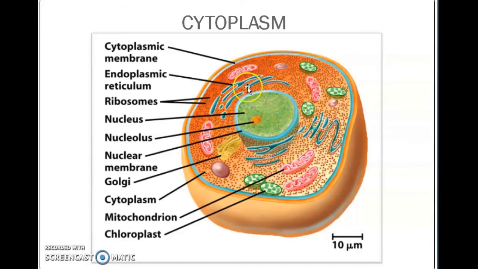It also contains the specialized cell organelles, which I have told you: endoplasmic reticulum, ribosome, Golgi bodies, mitochondria, chloroplast. All these specialized cell organelles are present inside this cytoplasm.